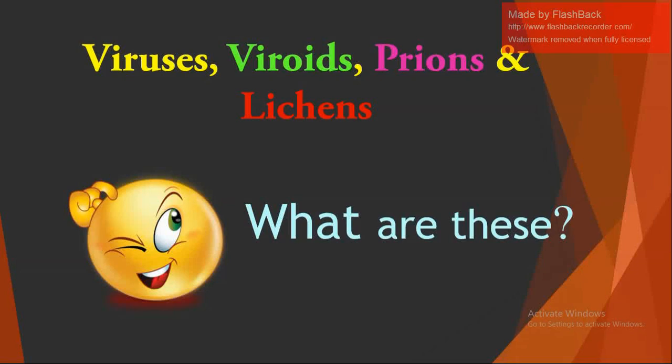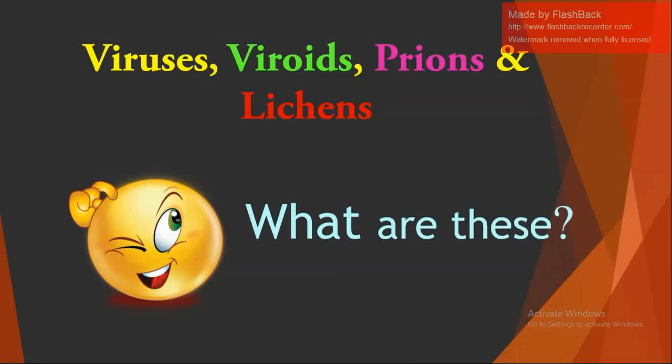Today we are going to discuss regarding some other microbes which are acellular in nature, which are not cells and are not considered under the five kingdom systems. These are totally different types of acellular particles which cause diseases in organisms, maybe in plants or animals.